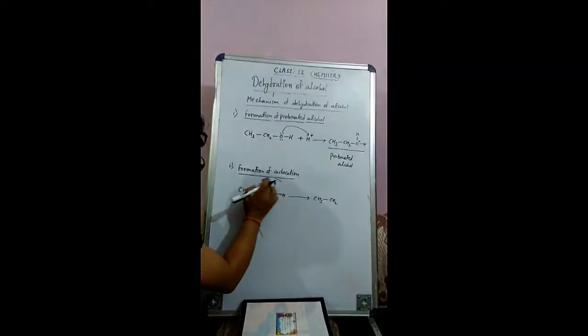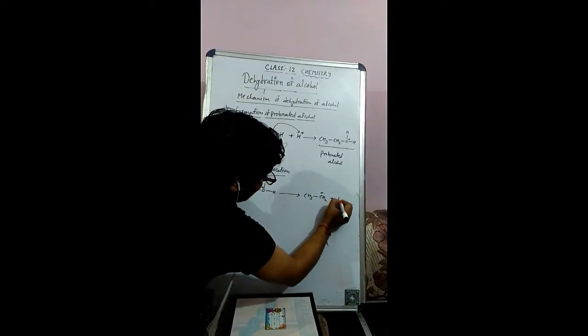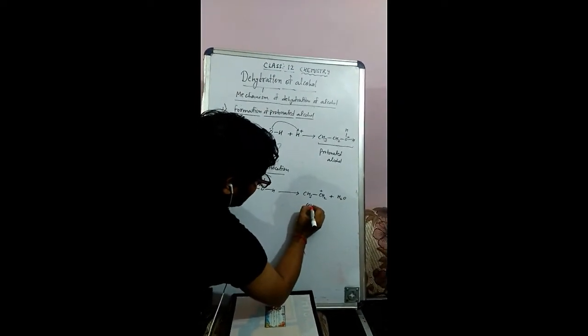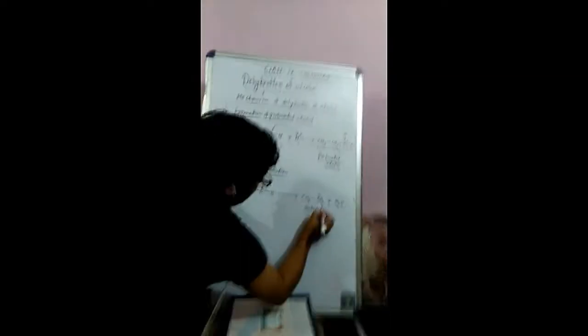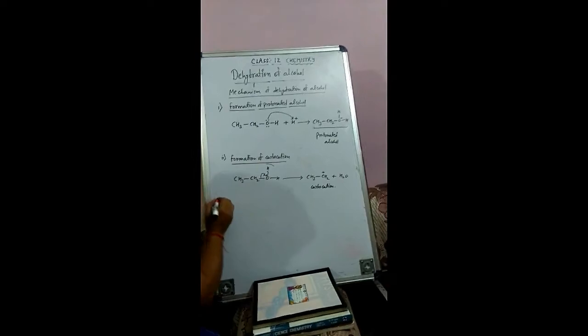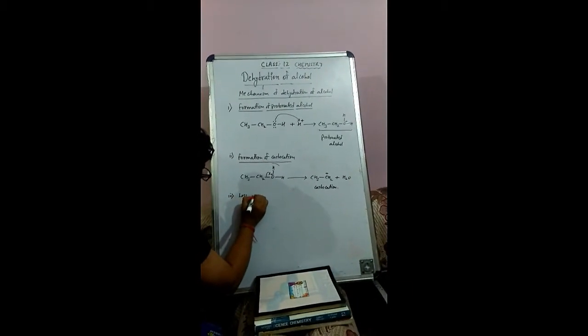From the side of carbon, the electrons are donated, so this gets a positive charge, and the water molecule is eliminated from here. This is a carbocation. Now, after the formation of carbocation, the third step is the loss of proton.